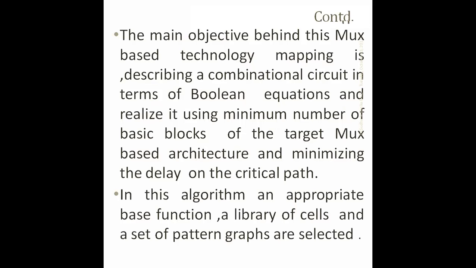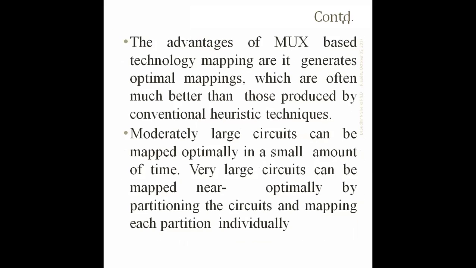The main objective behind MUX based technology mapping is describing a combinational circuit in terms of Boolean equations and realizing it using a minimum number of the basic blocks of the target MUX based architecture, and minimizing the delay on the critical path. In this algorithm, an appropriate base function, a library cell and a set of pattern graphs are selected.